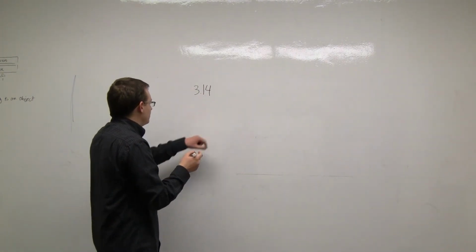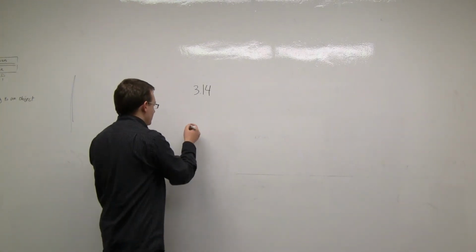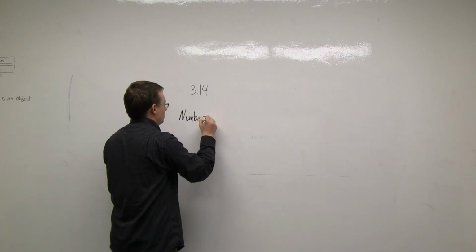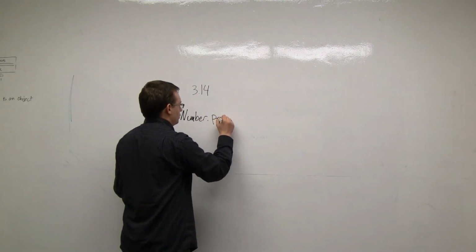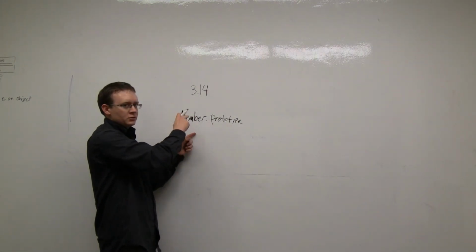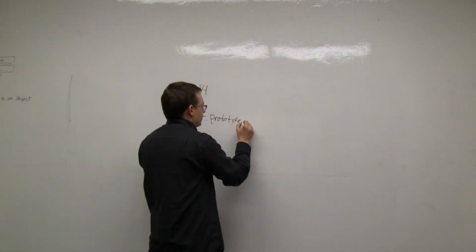So what we can do is we can go to the prototype of this object, which is the number. Number dot prototype. Now this gets me the cookie cutter that all numbers are stamped from. Then I can start adding stuff here.